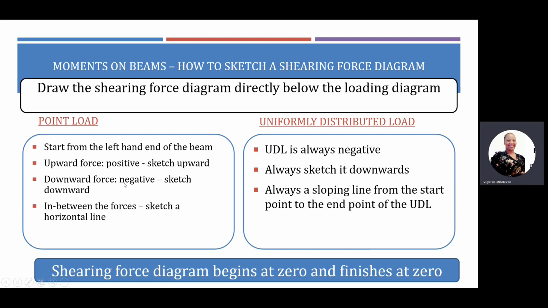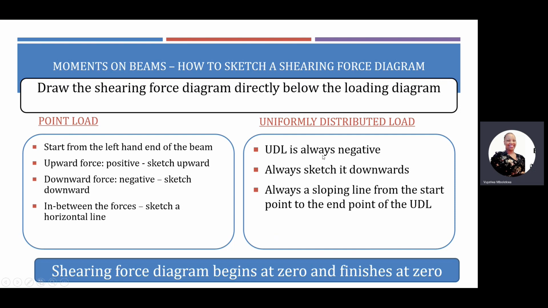A point load is sketched by sketching a vertical straight line. If it's a downward force, we take it as a negative, we sketch it downwards. If it's an upward force, we take it as a positive, we sketch it upwards. In between the forces, where there is no force, we sketch a horizontal line.